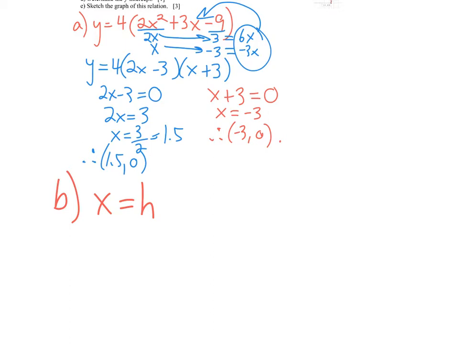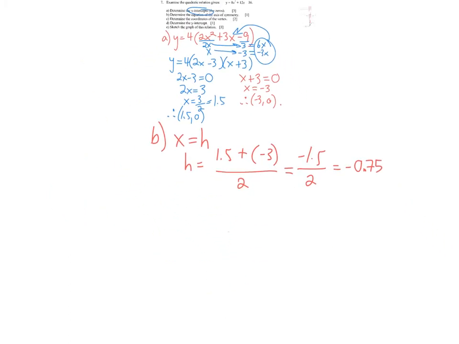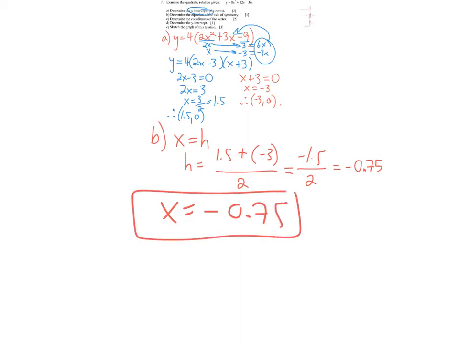And if we take our x-intercepts and find the midpoint of them, so 1.5 plus negative 3, we add them and divide by 2, that'll equal negative 1.5 over 2, which equals negative 0.75. And when x equals negative 0.75, this becomes the equation of a vertical line.